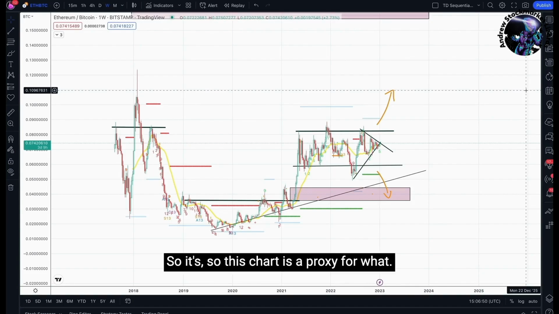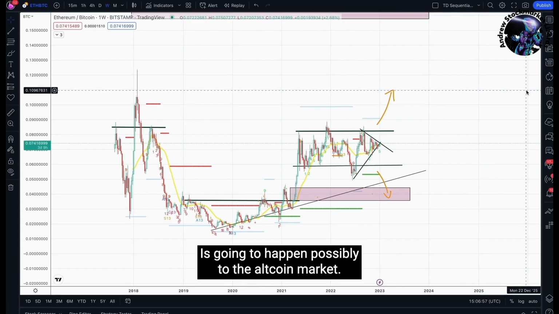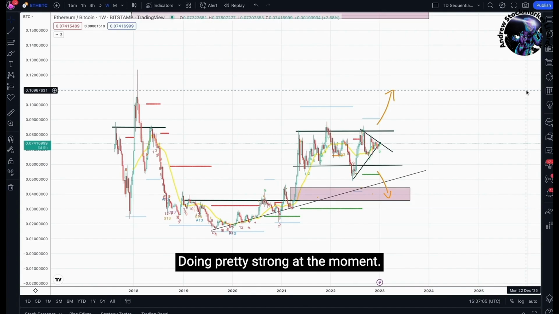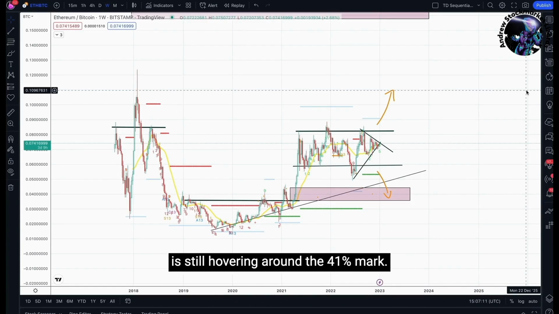So this chart is a proxy for what is going to happen possibly to the altcoin market. As you can see, the altcoin market is doing pretty strong at the moment. Why? Because we just had a look at the Bitcoin dominance, and Bitcoin dominance is still hovering around the 41% mark, very close to that 35% mark we saw earlier.